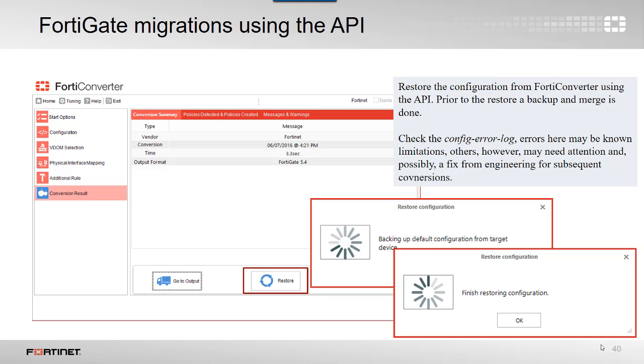But this time around, it's all remotely controlled from the FortiConverter via the API. And again, once that restores, I need to look at the config error log to see if any of the config commands couldn't be handled by FortiOS, and then using the message there, the line number, I need to go back and identify what the issue was.